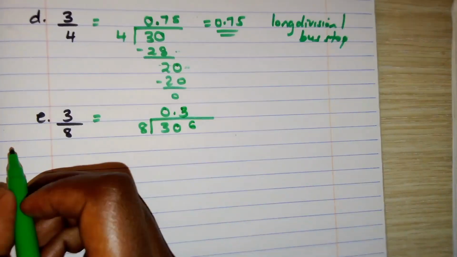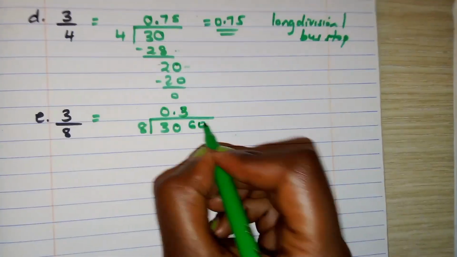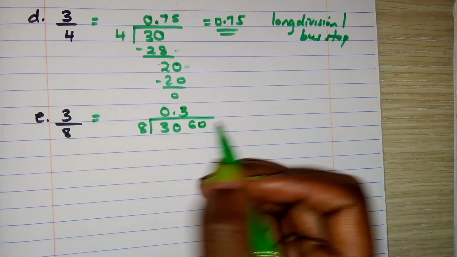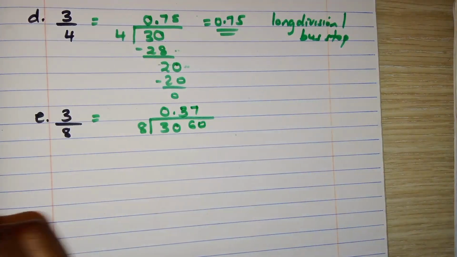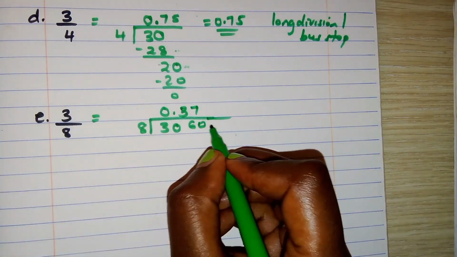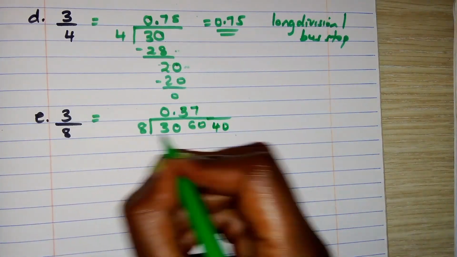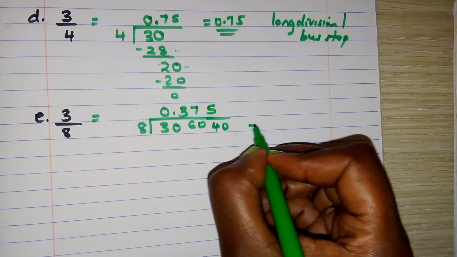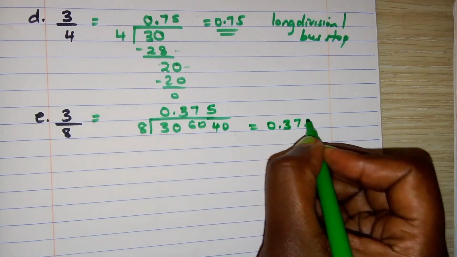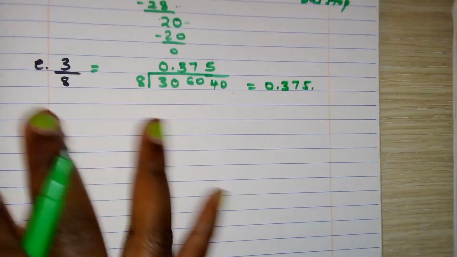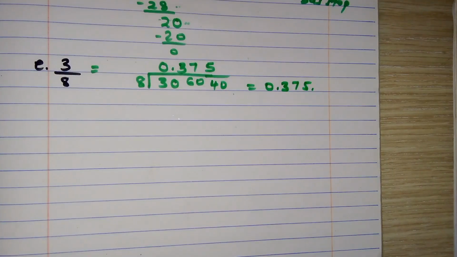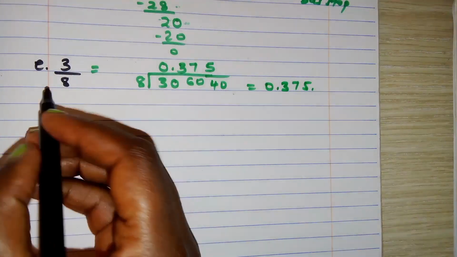Remainder 6. Then you keep on adding zeros. 8 goes into 60 7 times because of 56. Remainder would be 4. Continue adding zeros. 8 goes into 40 5 times, so 0.375. So we have a video on the long division, the bus stop method.